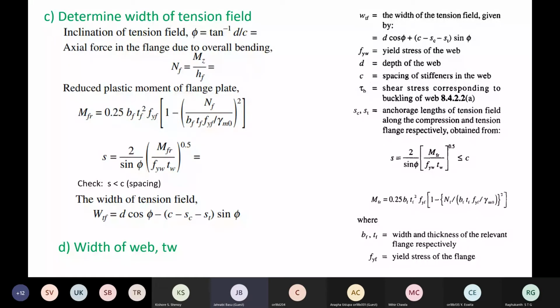So by that you can calculate what is the actual force in the flange, that is NF. What is the value? 3.48. 3.48 unit. Newton per millimeter square.